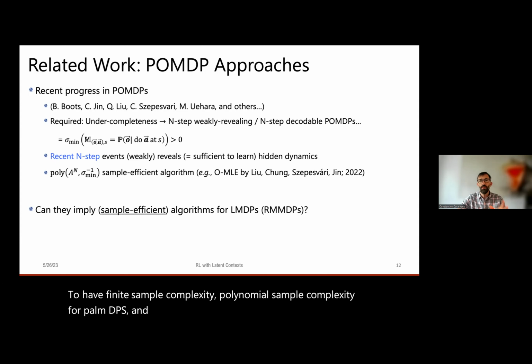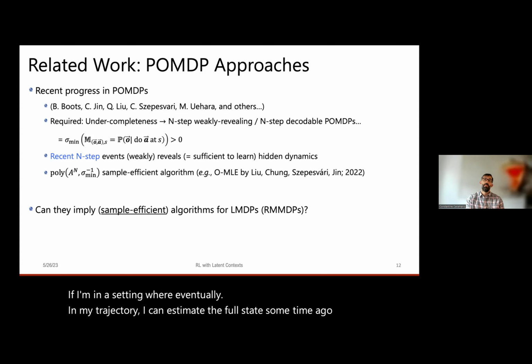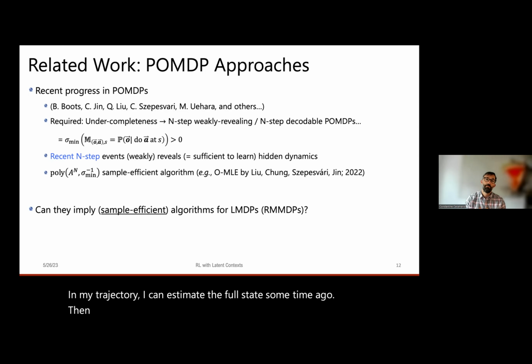In some of the recent results that I find quite exciting, what they essentially require is that even if I can never estimate what state I'm in, if eventually in my trajectory I can estimate the full state some time ago, then you can estimate an epsilon optimal policy in polynomial sample complexity.